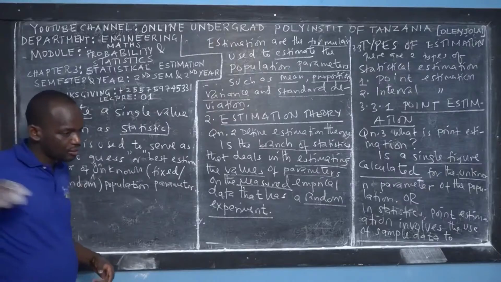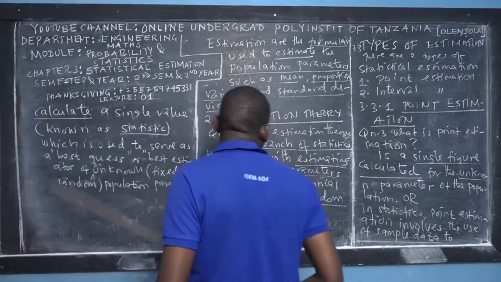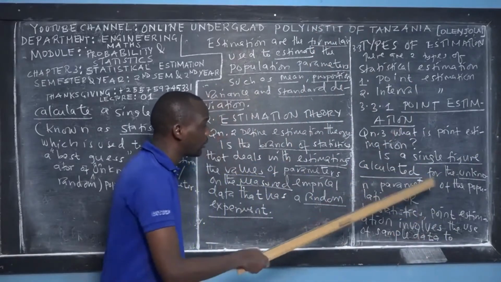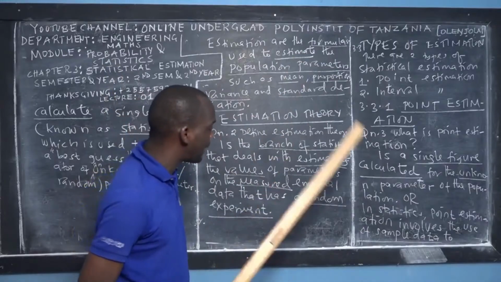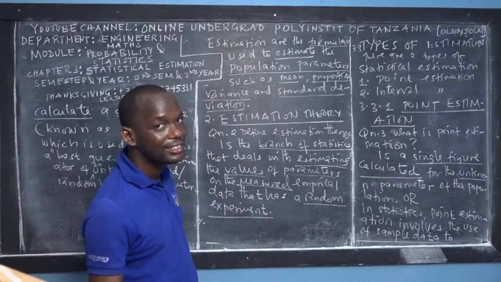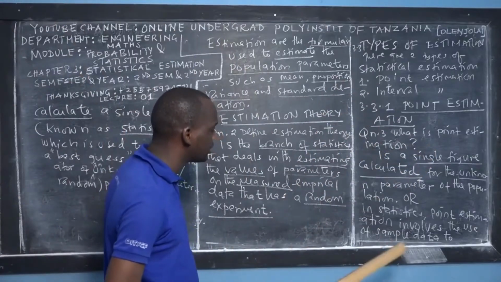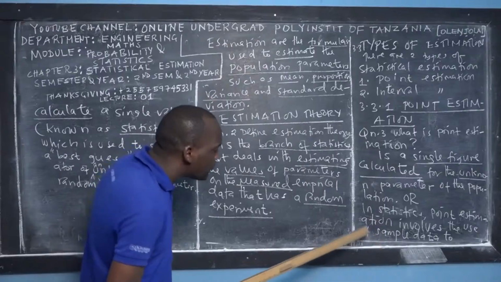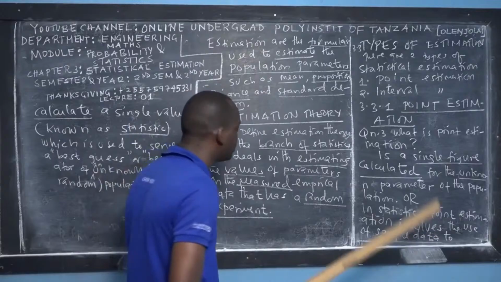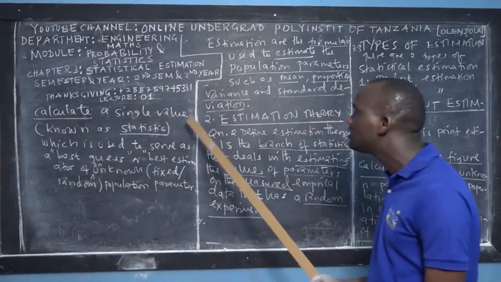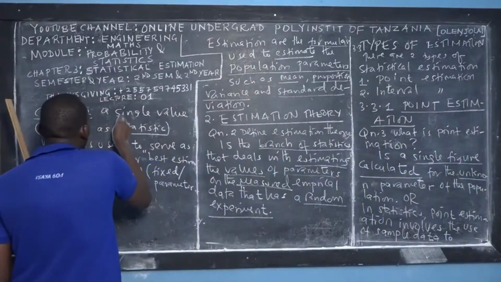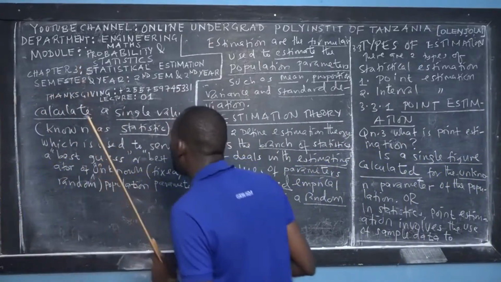So we have two definitions of this terminology called the point estimator. It is a single figure, meaning a fixed value, calculated for an unknown parameter, such as proportion, mean, standard deviation, variance. Keep those four parameters of statistics. Or in statistics, point estimation involves the use of sample data, which uses the sample from the population, to calculate a single value. Not an interval value, not two values, not three values.